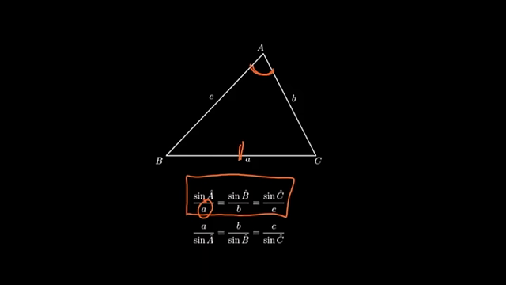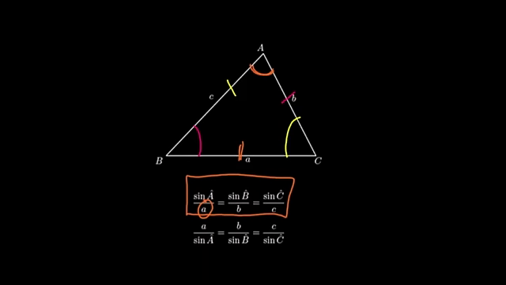Now that ratio is equal to sine of another angle over the corresponding side again, all right? We can also say it is equal to the third ratio, sine of that angle divided by, again, the corresponding side.